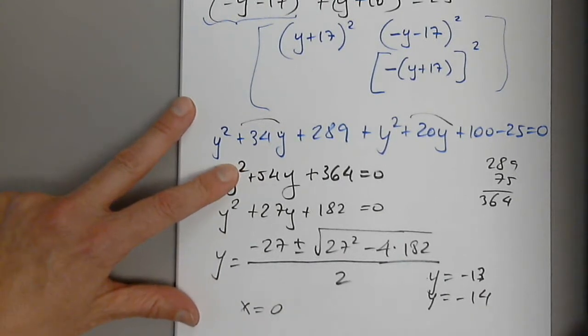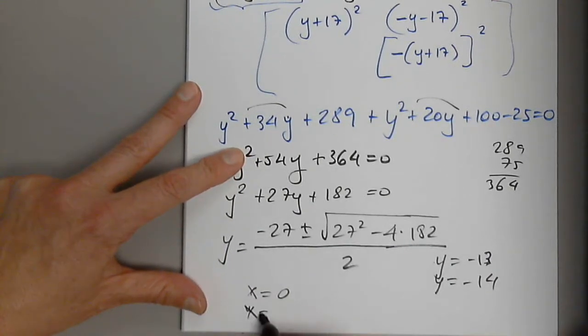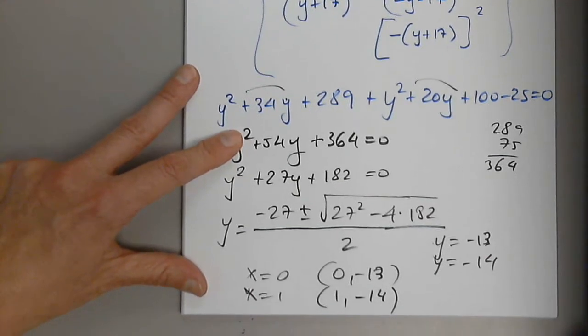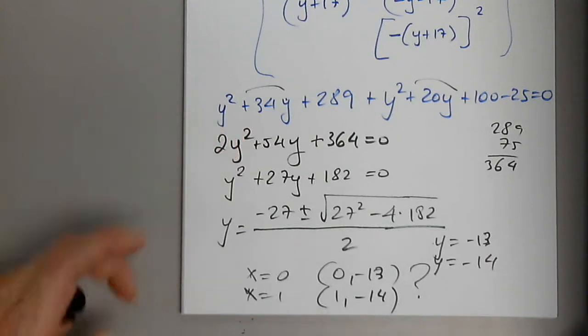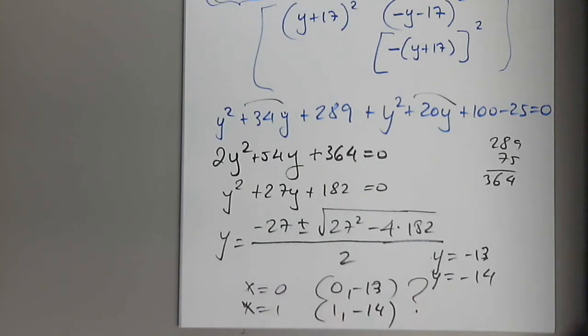And then with negative 14, I get 1. So x equals 1. The ordered pairs are 0, negative 13 and 1, negative 14. Do I trust this? No. Even if I do, I should go back and check. You never know. So 0, negative 13 first.